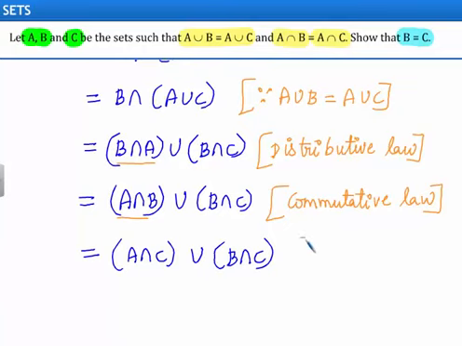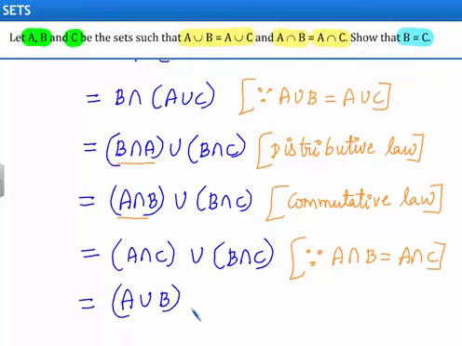Since we are given A intersection B is equal to A intersection C, this will be equal to (A union B) intersection C, again by using the distributive law.